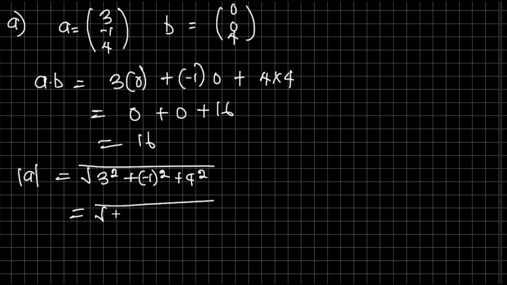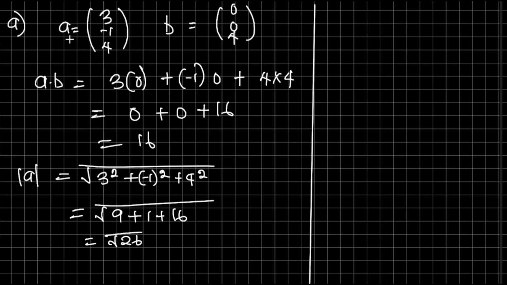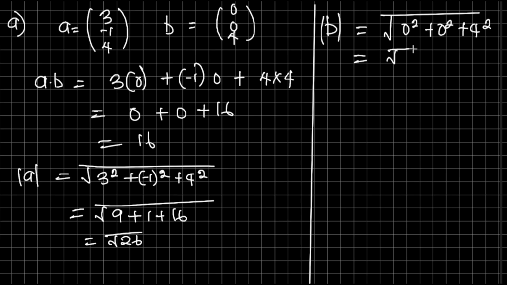That would be square root of 9 plus 1 plus 16, so square root of 26. Okay. Calculate again the magnitude of B, that would be square root of 0 squared plus 0 squared plus 4 squared. Okay. So square root of 16, which equals 4.